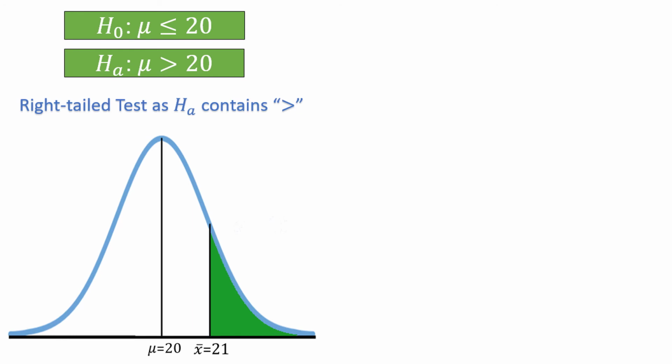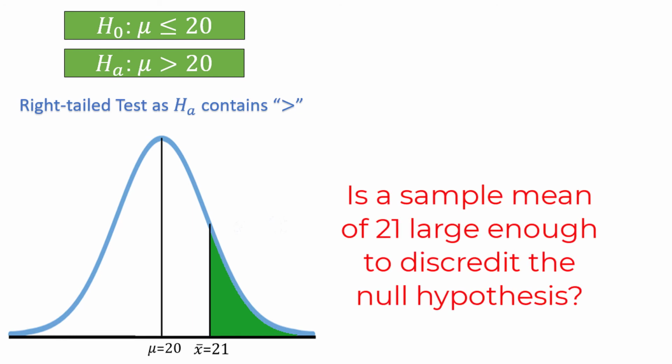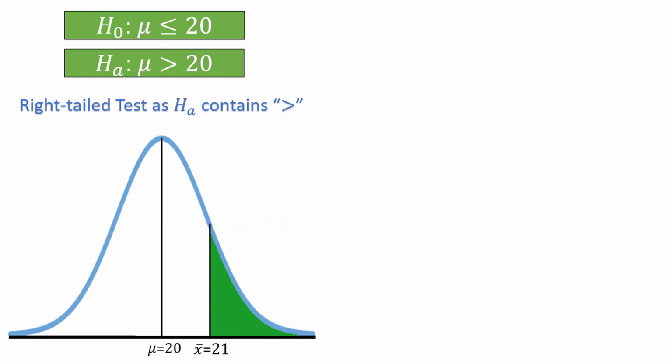The value is greater than the hypothesized value for the mean, but is it big enough to discredit the null hypothesis? It could be due to chance that we got a slightly higher sample mean than the population mean, or it could signify that the stated population mean is wrong. Suppose the probability of sampling x bar greater than 21 from this distribution is 0.15, or 15%.